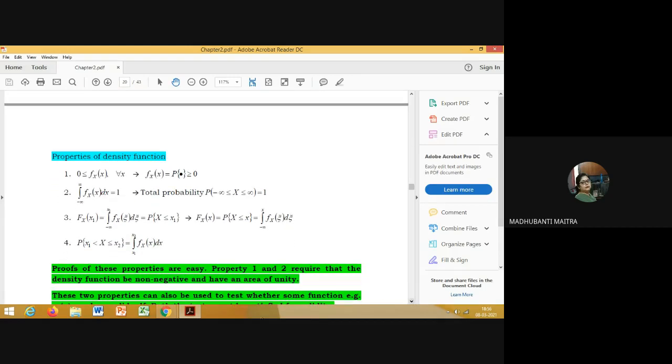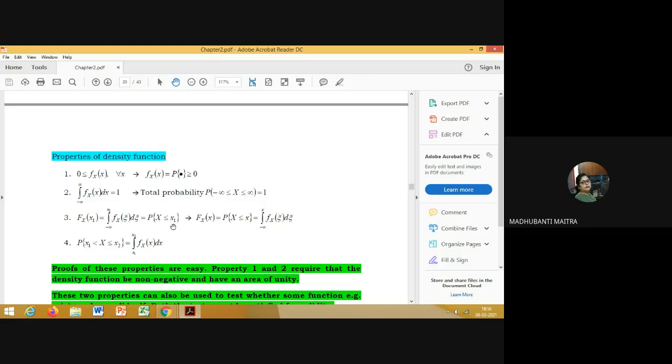Now we know that the first derivative of the distribution function is the density function. Hence the distribution function in terms of density function can be written in this form, integration from minus infinity to x1 of fx zeta d zeta, which is equal to the probability that the random variable is assuming values which are less than x1.